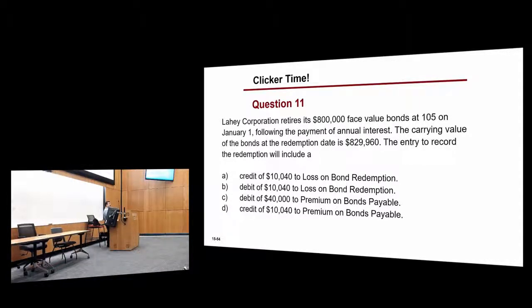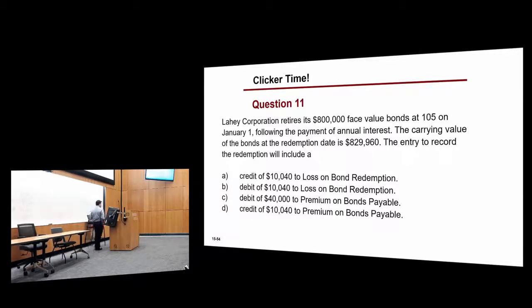I personally find it the most certain way of getting the answer correctly. Because here, this is not a complete journal entry that they are asking for. So the entry to record the redemption will include. In order to make sure that you got it right, write the journal entry itself.